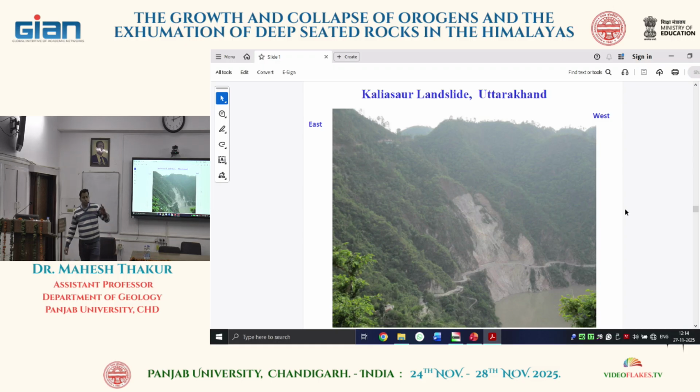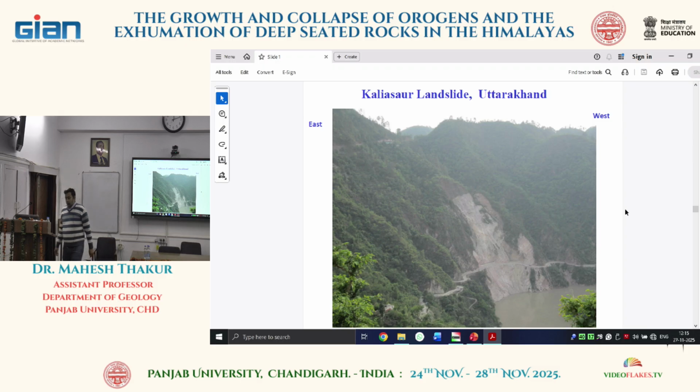There are two things which we discovered in the field when we did fieldwork here. First was that it's a plunging fold, plunging towards the road. It's like this. And always small chips are coming onto the road because of wind and other things. That is one thing we discovered.